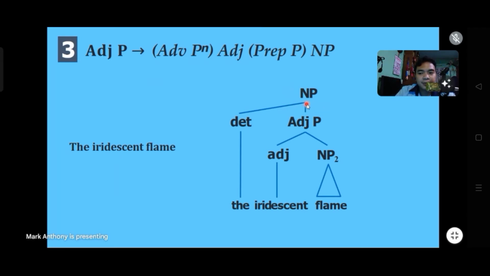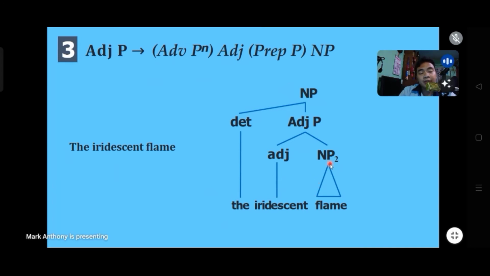The noun phrase is divided into two subconstituent parts: the determiner, which is the word "the," and an adjective phrase, in which the adjective is the word "iridescent," and the noun, which is "flame."